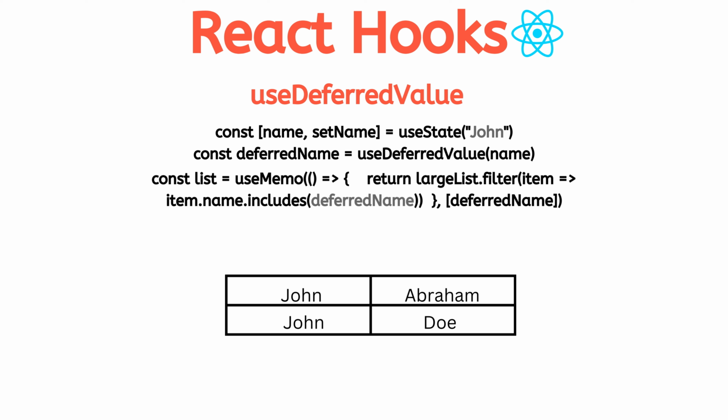Any record that is matching John will be returned as a result, and that can be displayed on the page. In the unfortunate situation that there is no matching record, by default it will simply return John as the deferredName. So that is the purpose of useDeferredValue.